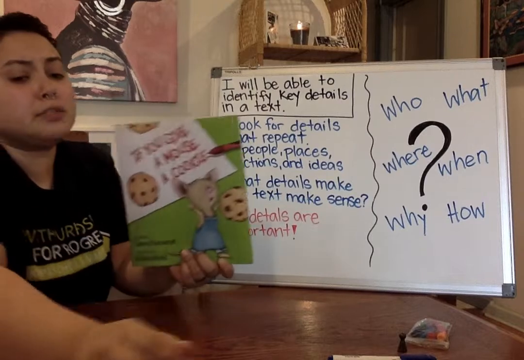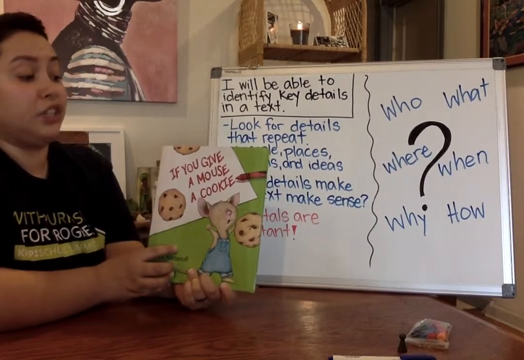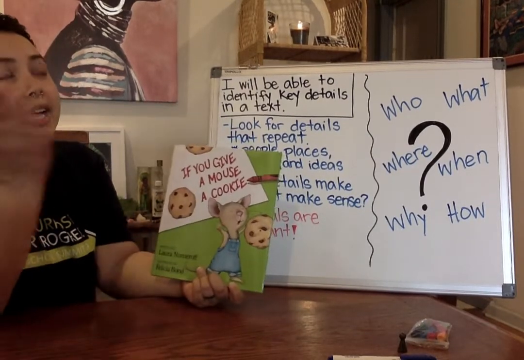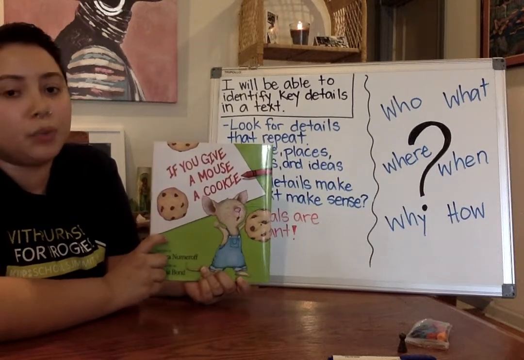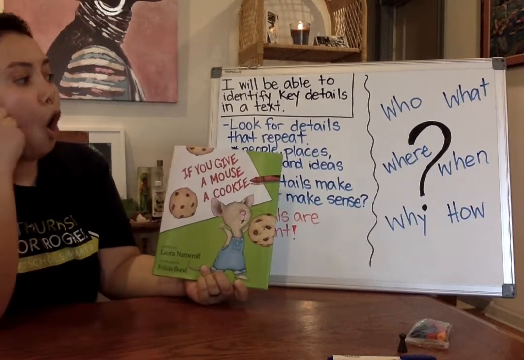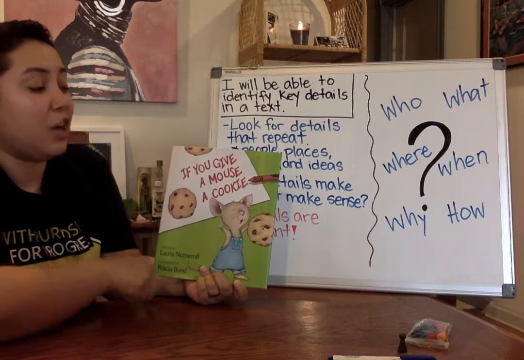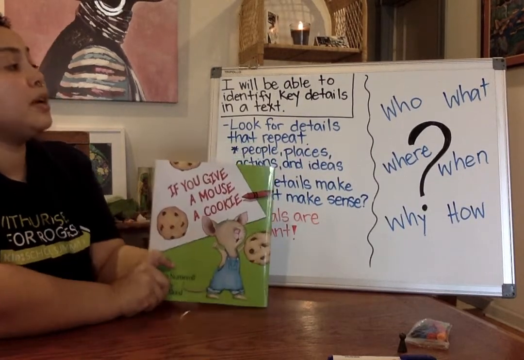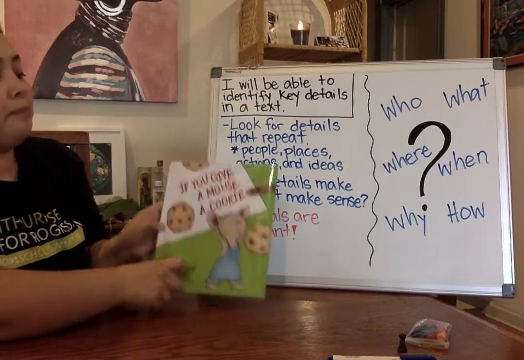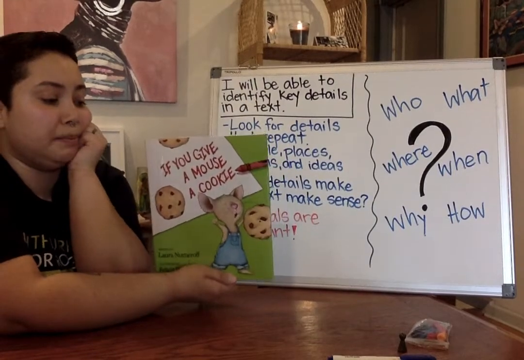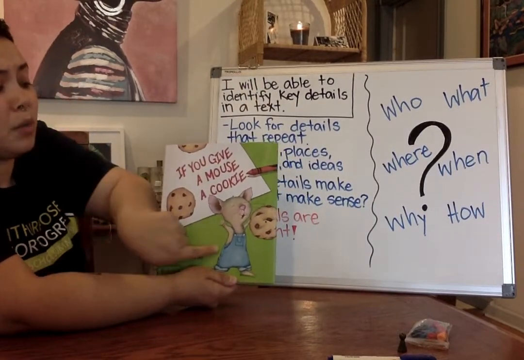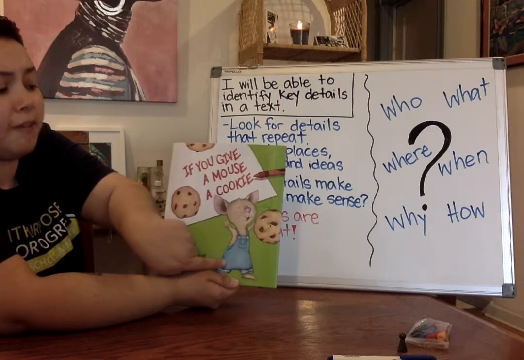Now, just by looking at our illustration and reading our title, I already have a question. And I think that that question is going to help us find one of the key details. Now, if you give a mouse a cookie, I see someone on the very front of our cover.